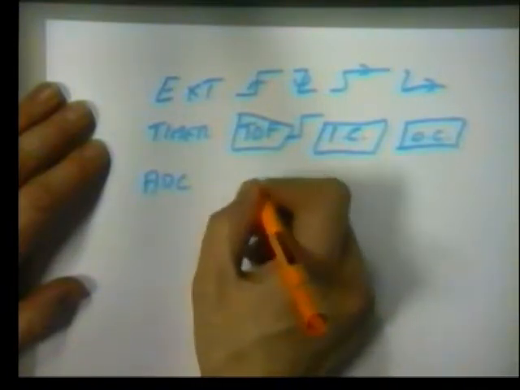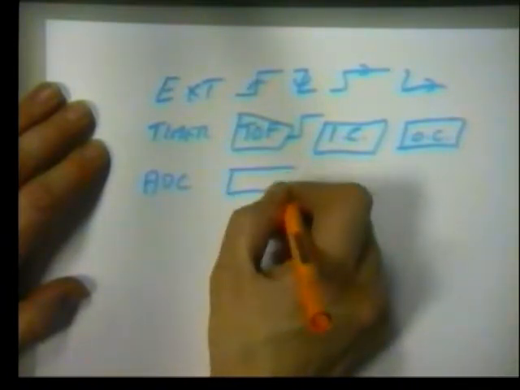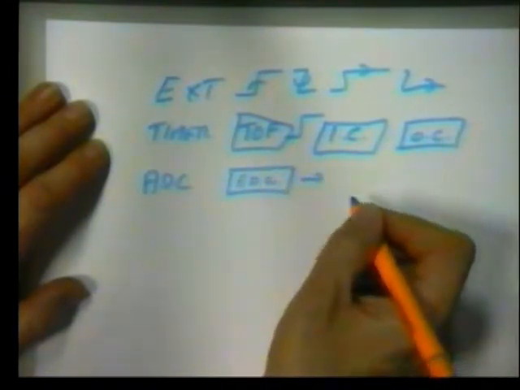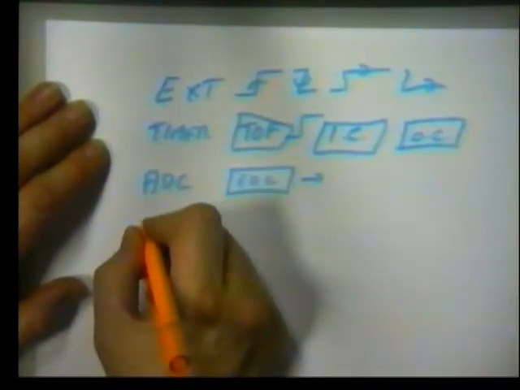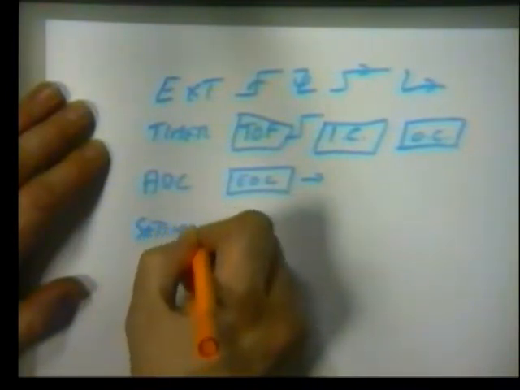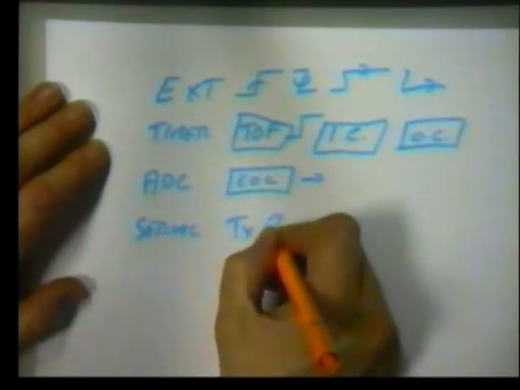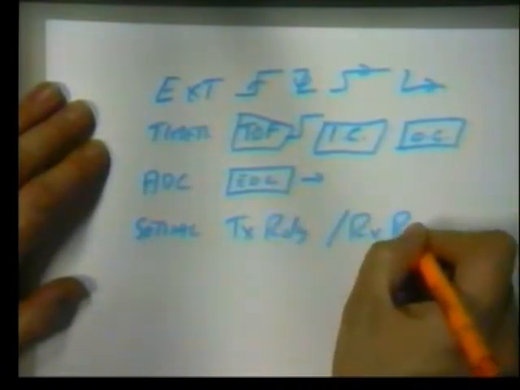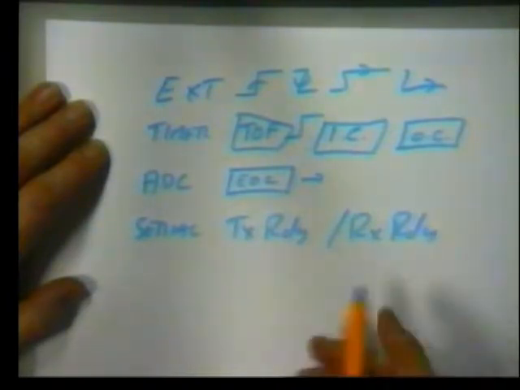ADC is another example of an interrupt. So we actually have an interrupt that occurs on the end of conversion, and that tells us to go and get the data. Serial interrupts: TX ready, receiver ready. Receiver ready tells us a character has arrived.